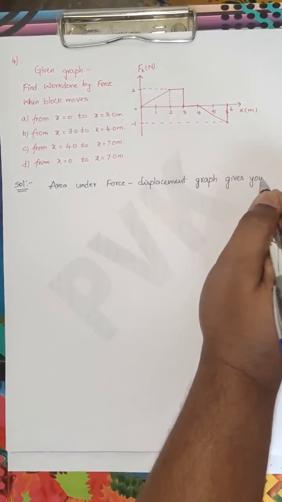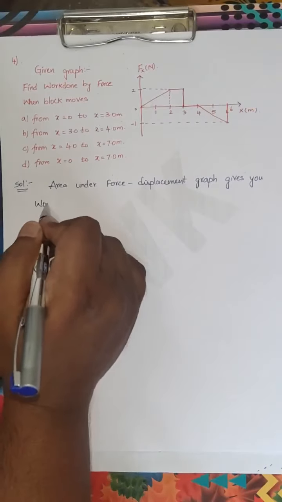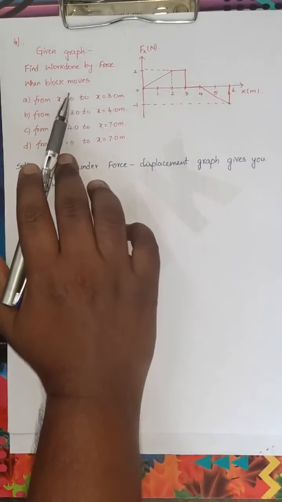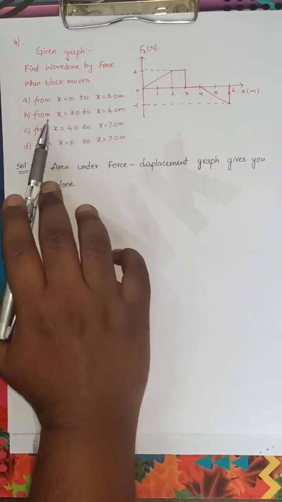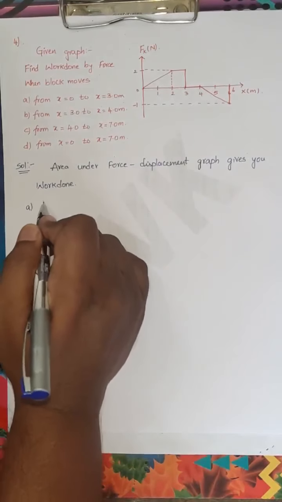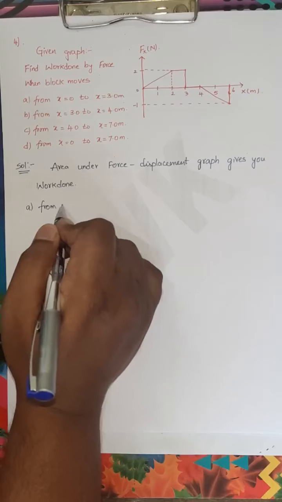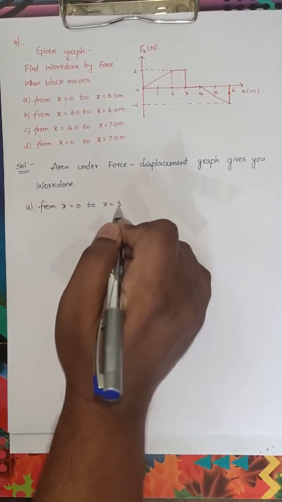So using this statement, we can calculate the required work done when the block moves from x equal to 0 to x equal to 3 meter, and the other given intervals. First, let us see when the block moves from x equals 0 to x equals 3 meter.